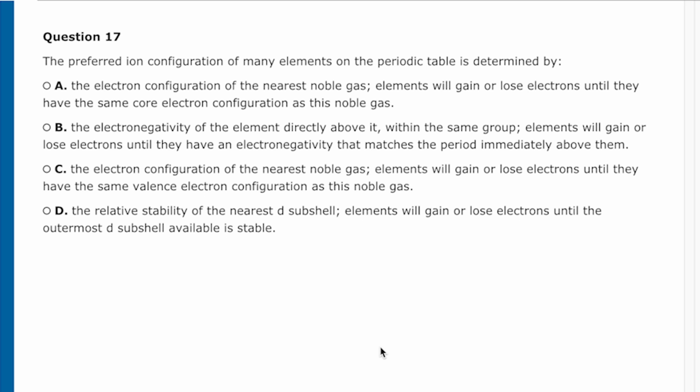To me, I think it makes sense for valence electron configuration, not core electron configuration, because that would change what it is, wouldn't it? Changing the electrons within the inner shells is way more difficult than adding one onto the outside or taking one off of the outside.